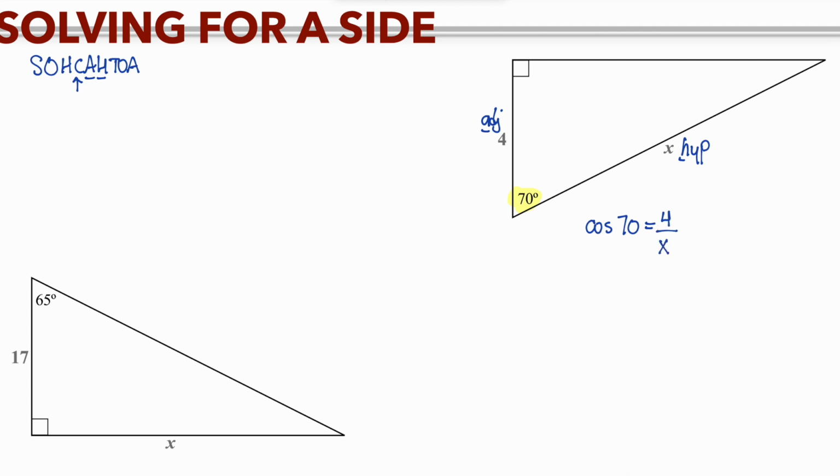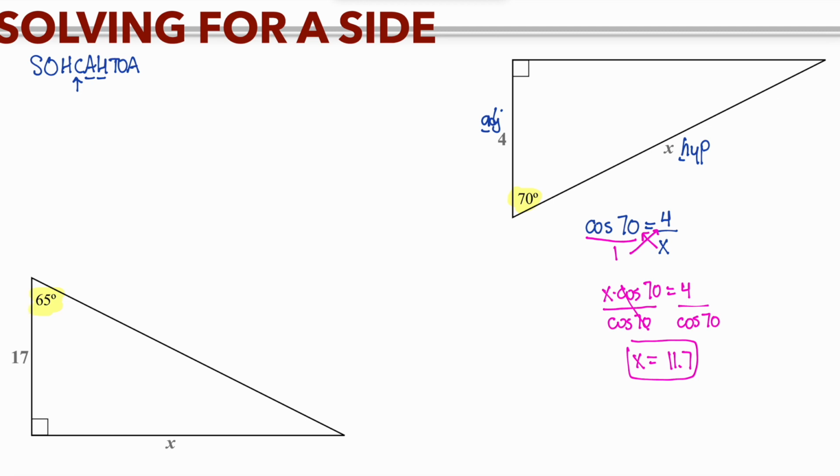Now, the way to solve for this, because x is in your denominator, one way you can do is to make everything a fraction and then cross multiply. So x times cosine of 70 equals 1 times 4. So to solve for x, I'm going to divide both sides by cosine of 70. And so x is going to give me 4 divided by cosine of 70, which is 11.7.